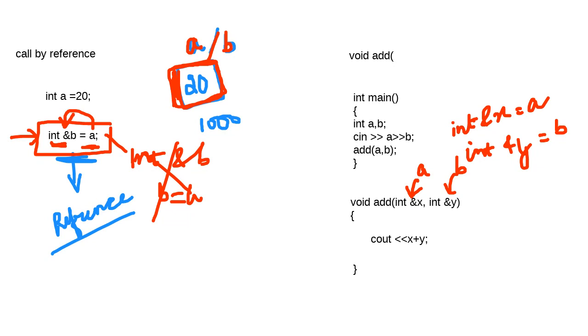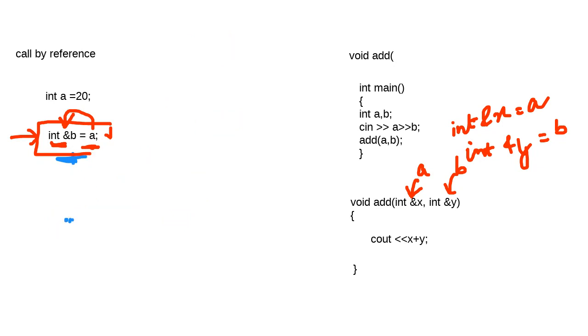So again, if I try to run this code, how is it implemented? The first thing is, again, talking about the prototype. So what changes are made in the prototype? Again, the type of variable you're passing is int ampersand comma int ampersand.